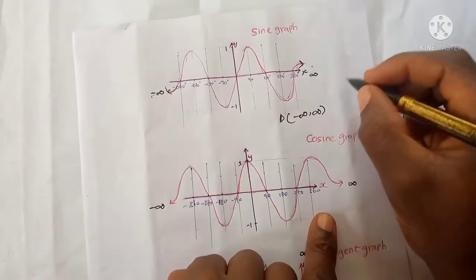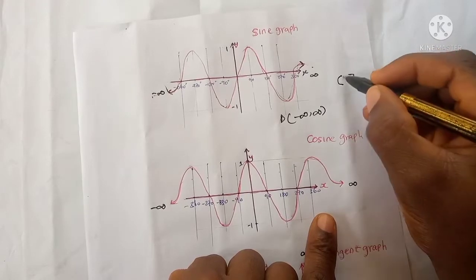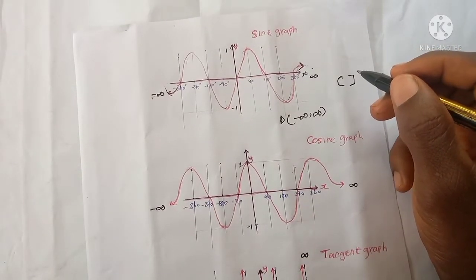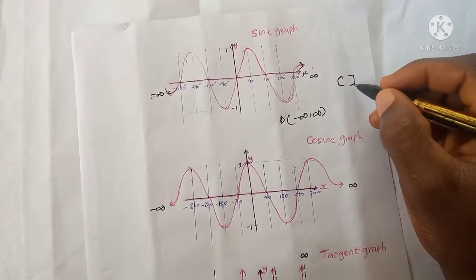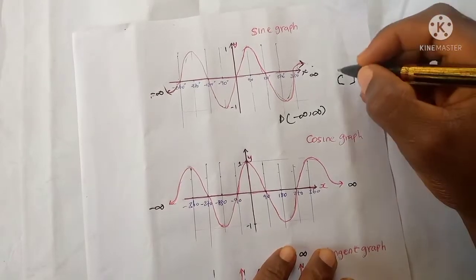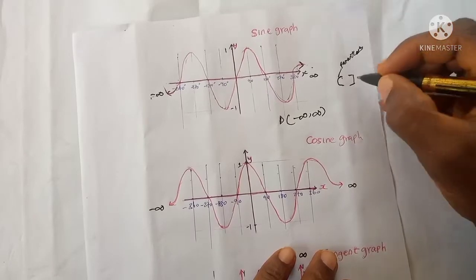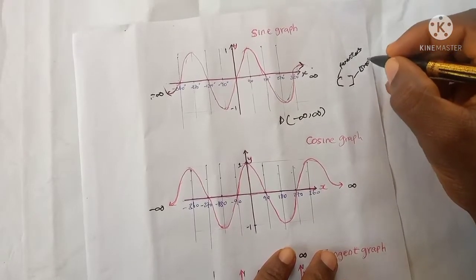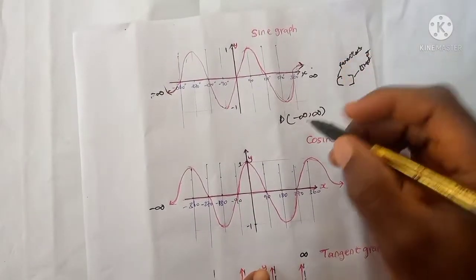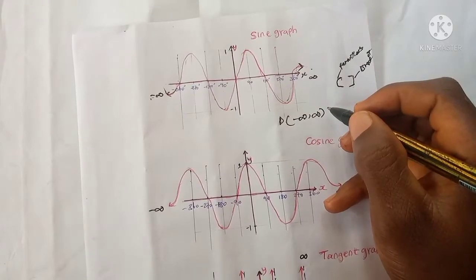There's a difference between this parenthesis and this bracket. Use the parenthesis when the number you're writing with it is not inclusive, and use the bracket when the number is inclusive. So the domain of sine theta is negative infinity to infinity, and it is open because infinity is not a specific number.